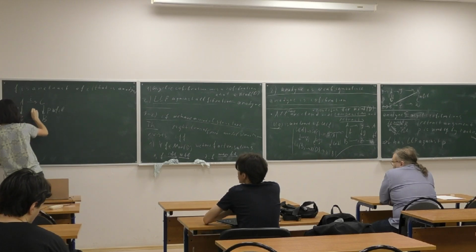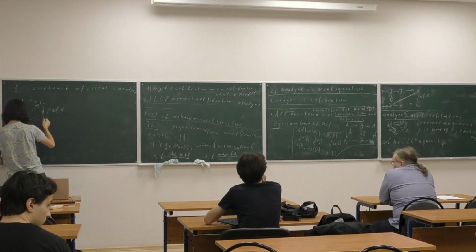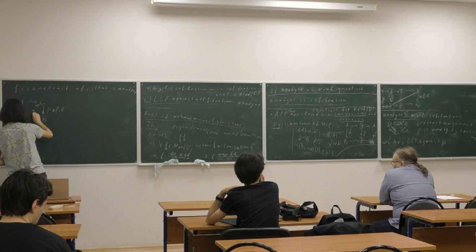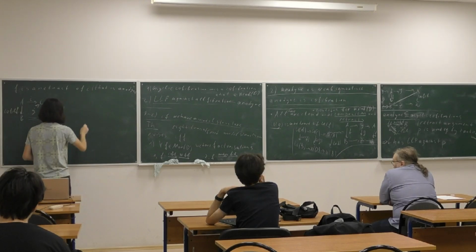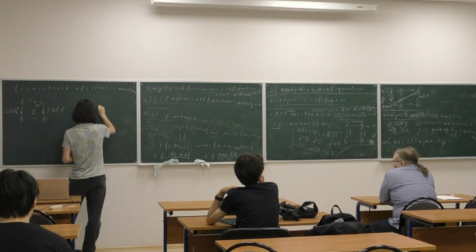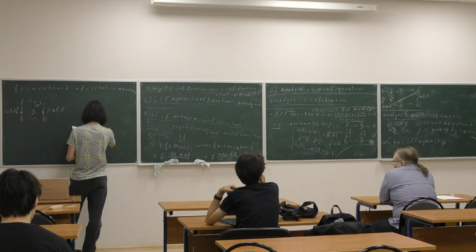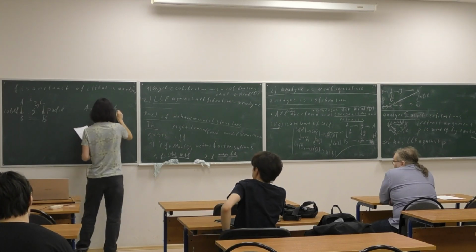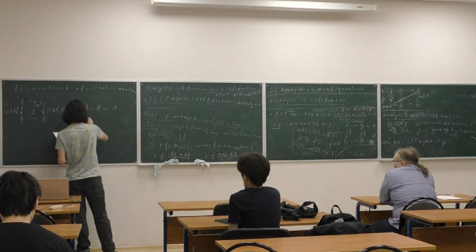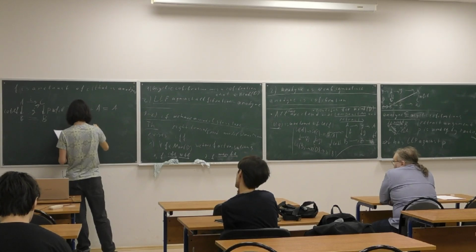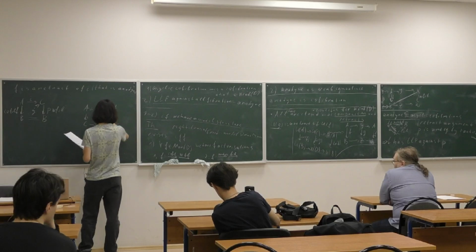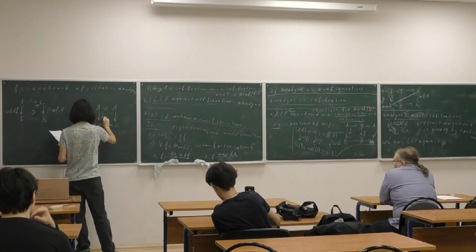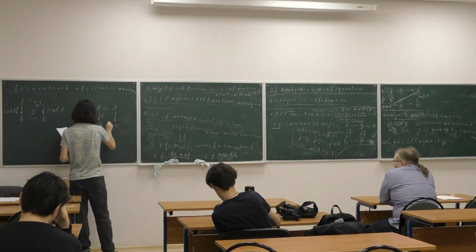So we have a lift. Let's call it G. And so we can conclude that F is a retract of I by looking at the diagram of this form.